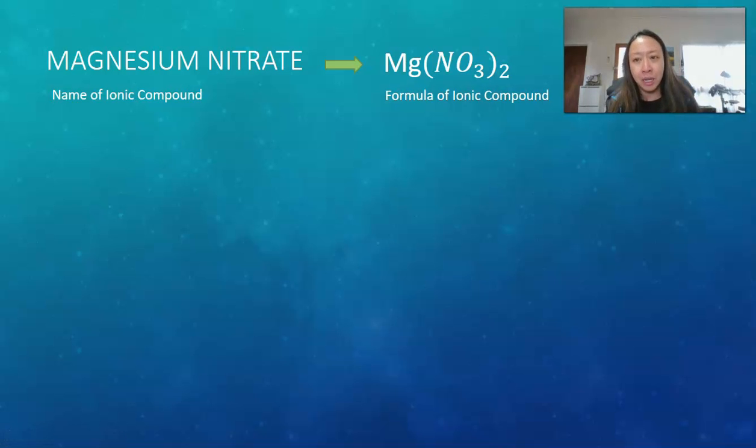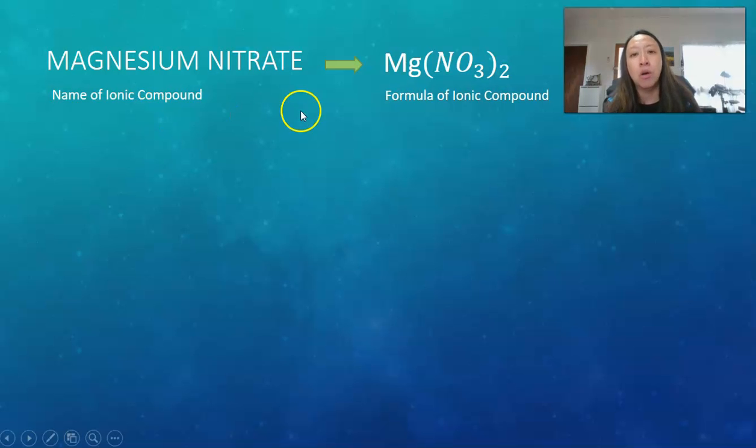We learned previously how to write the formula given the name of an ionic compound. In this case, it's magnesium nitrate. Previously we learned that magnesium, or anything that's written first, is a metal element, and the one written next could be non-metallic.